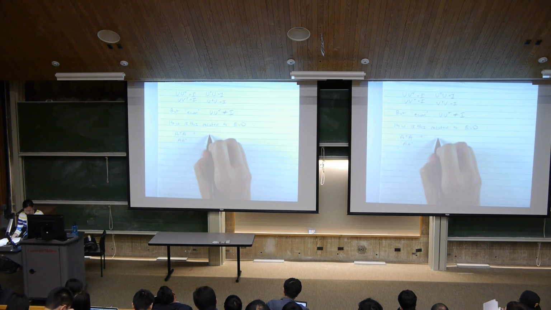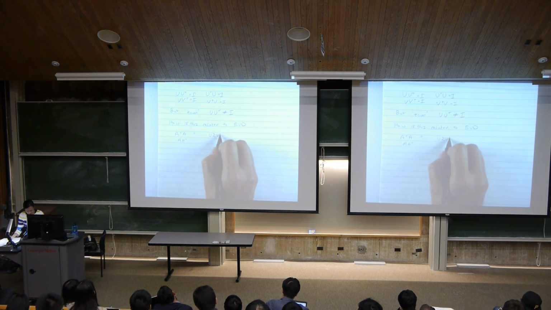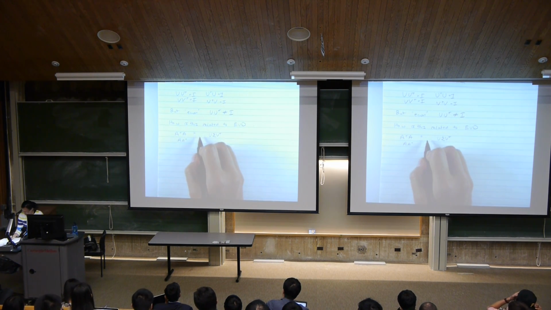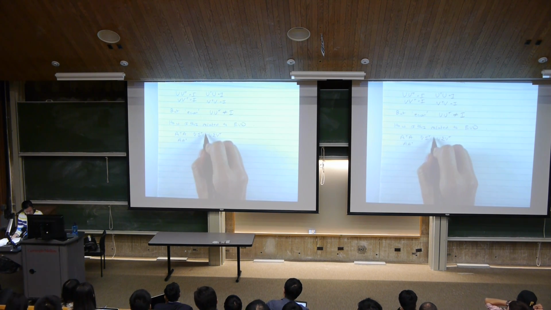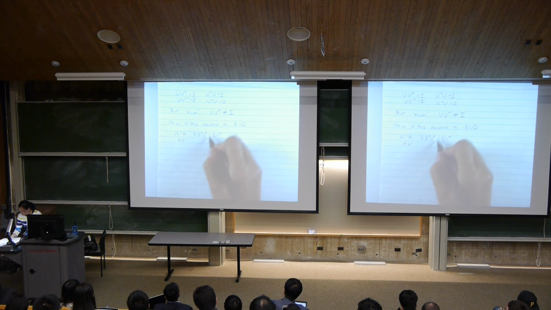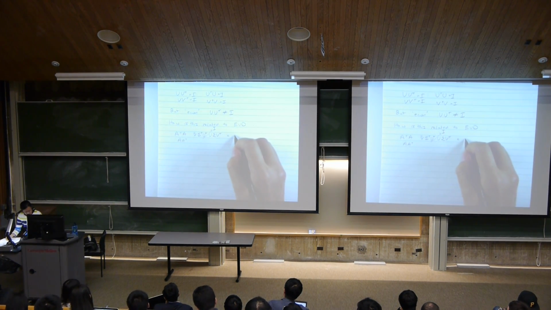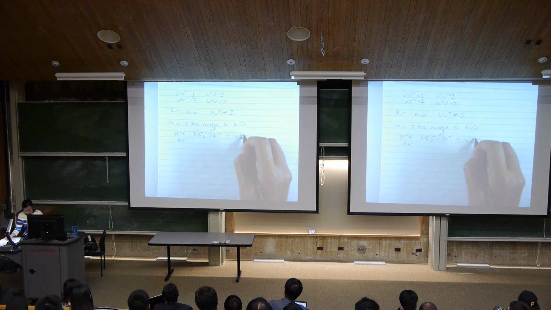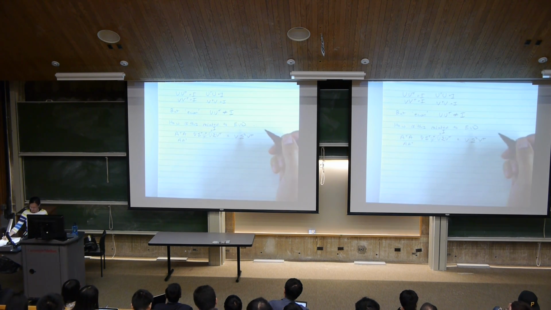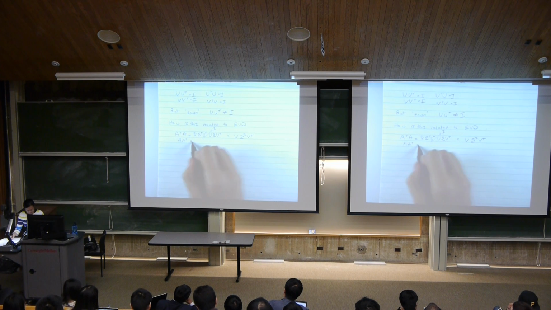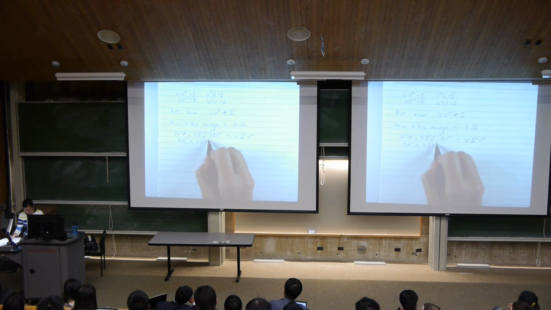You get U Sigma V transpose, and on this side you get V Sigma transpose U transpose. This cancels, since U transpose U is the identity, and you end up getting V Sigma squared V transpose. On the other side, you get the same thing.